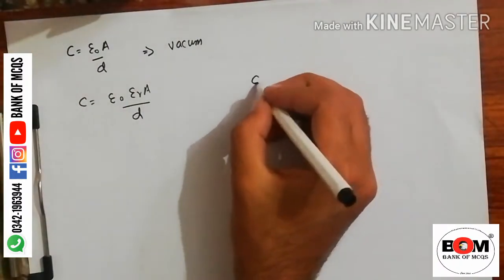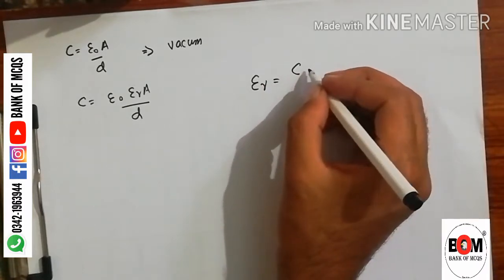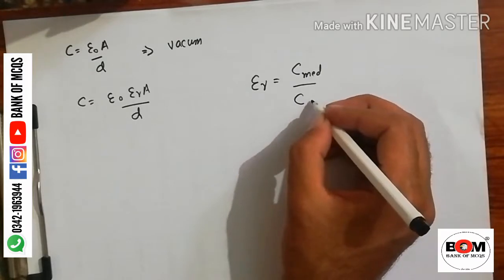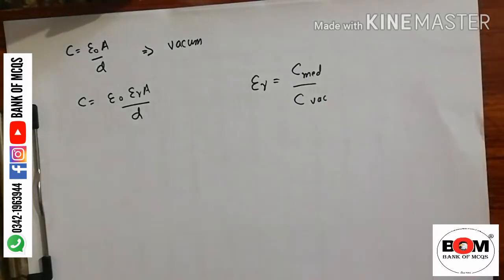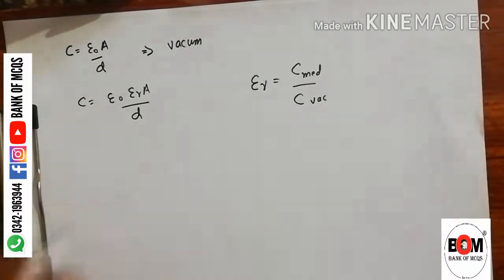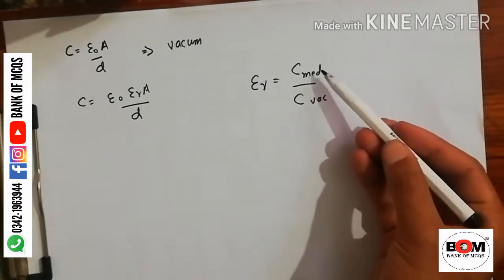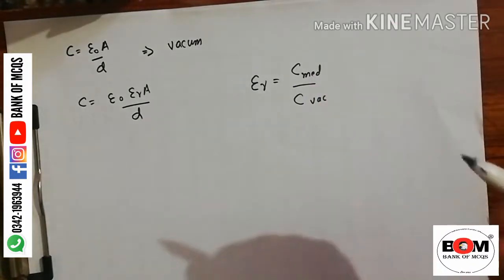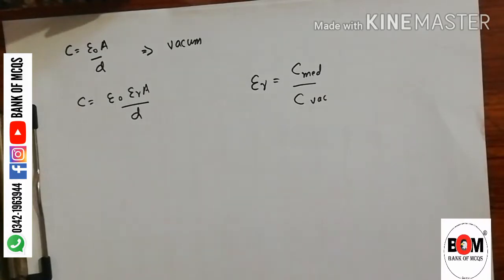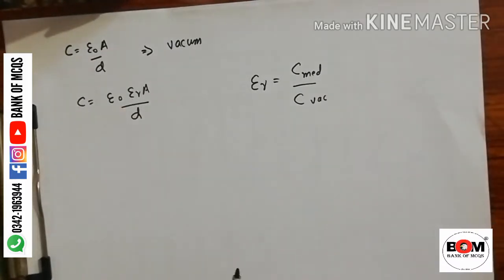What is ER? ER is relative permittivity. This is the ratio of capacitance at medium divided by capacitance at vacuum. Now the capacitance of vacuum is less, while the capacitance of medium is always more, because C is directly proportional to E naught A by D. So if there is some substance, the capacitance will increase by ER of that term.